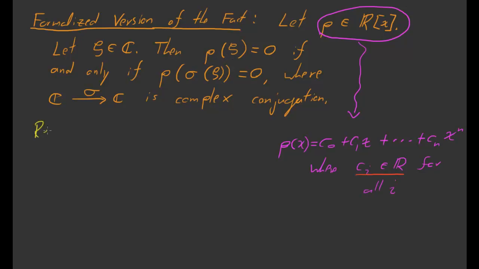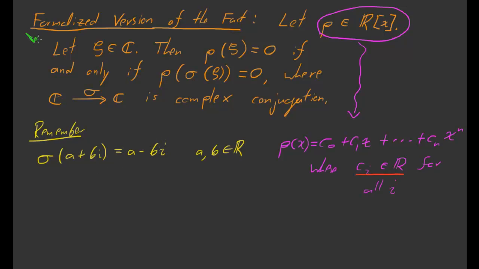So remember, complex conjugation is the map that takes a plus bi to a minus bi, where a and b are real numbers. Every complex number can be written of the form a plus bi, with a and b real, and assuming that form, complex conjugation is the map that takes a plus bi to a minus bi.